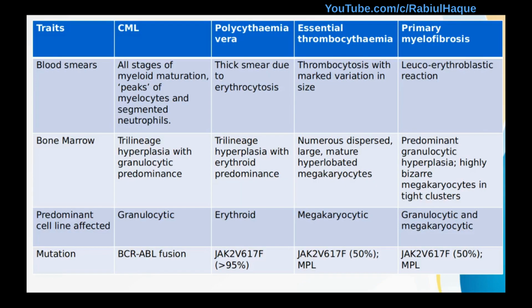Now, this slide is summarizing the major differences between chronic myeloid leukemia, polycythemia vera, essential thrombocythemia, and primary myelofibrosis. Regarding blood smears, we can see that in chronic myeloid leukemia, all stages of myeloid maturation will be seen, and there will be peaks of myelocytes and segmented neutrophils.